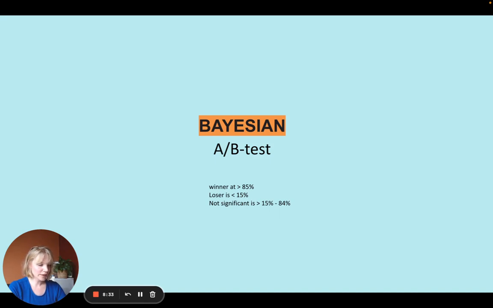In many organizations, a winner is already when something has an 80% chance of being better than control. Sometimes it's 85, sometimes it's 90. But of course, based on that, you will also determine when things are not significant, or when things are a loser. So keep this in mind when working with Bayesian statistics, and change this up. If this is 80, then this becomes 20, of course, and these numbers also change. You can have a table like this to work with.